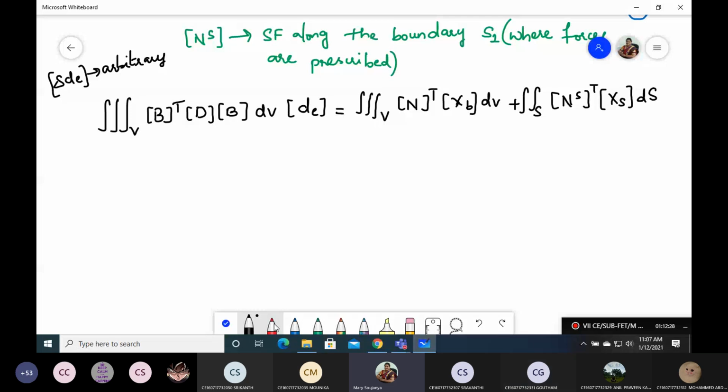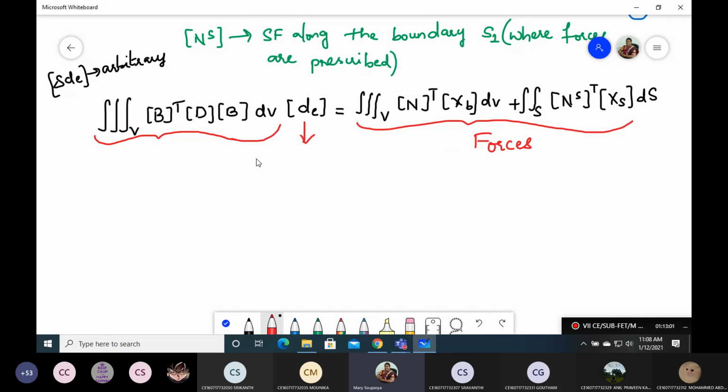If we look at this carefully, this whole section here is the forces. Body force, traction force, the whole RHS is forces. And here we have the elemental displacement.